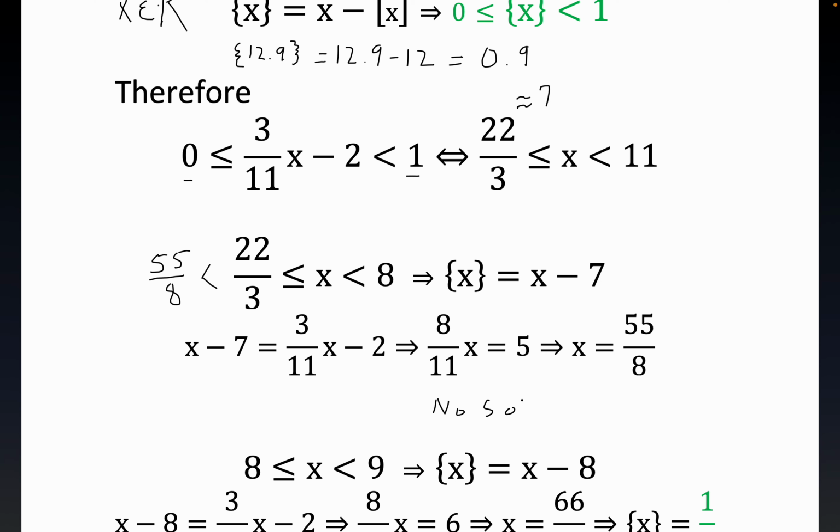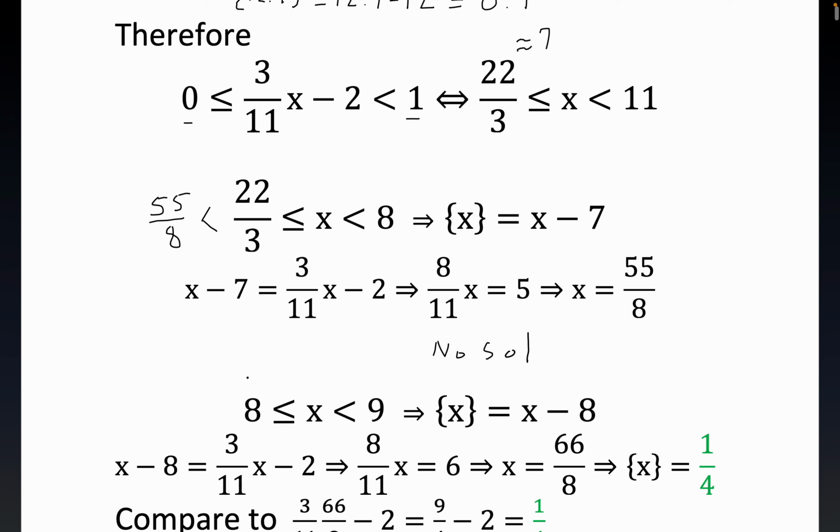Now that's just in this particular interval. We have to check 4 intervals between these two numbers. So now we move along to 8 and 9. The fractional part of any number between 8 and 9 would be that number minus 8. For example, 8.6: you subtract 8, you get 0.6 as the fractional part.